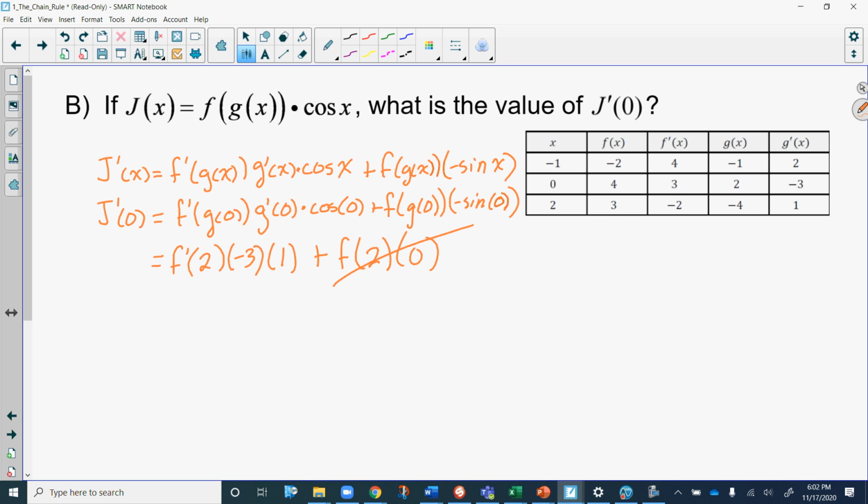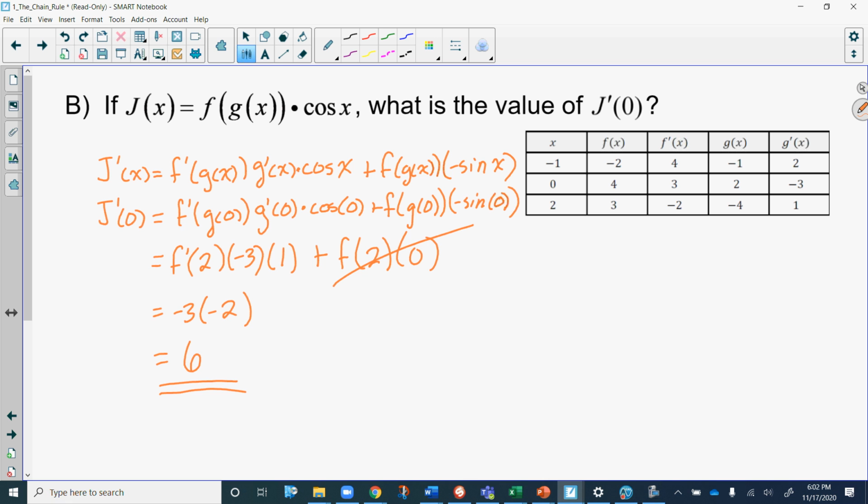So here we're going to have negative 3 times f prime of 2. We can just plug in that number. What is f prime of 2 according to the table? f prime of 2 according to the table is negative 2. So j prime of 0 is a positive 6.